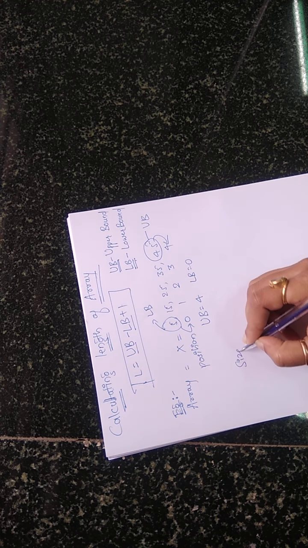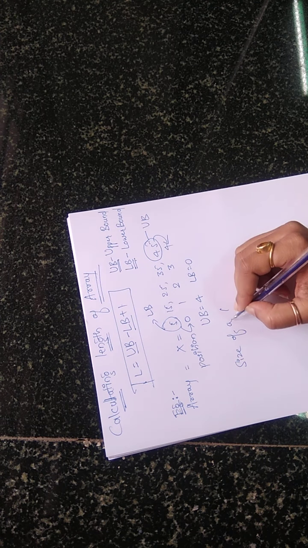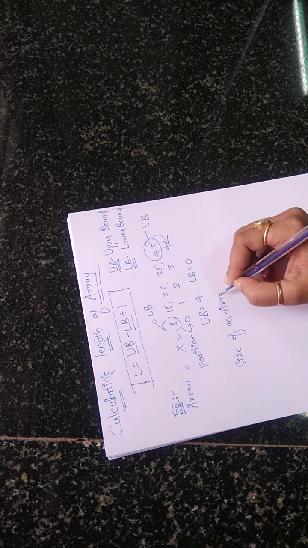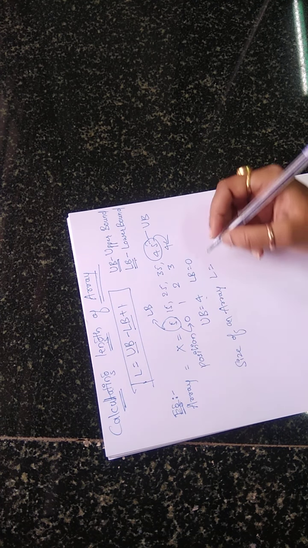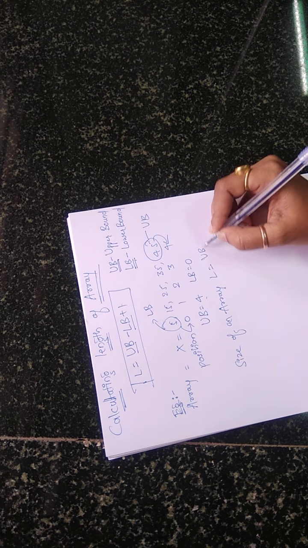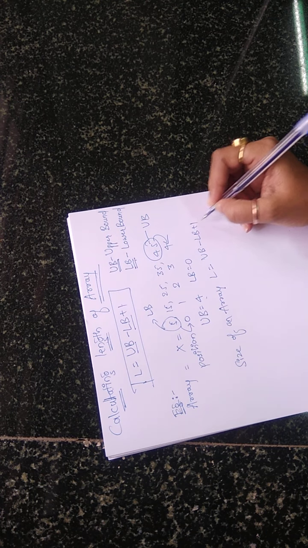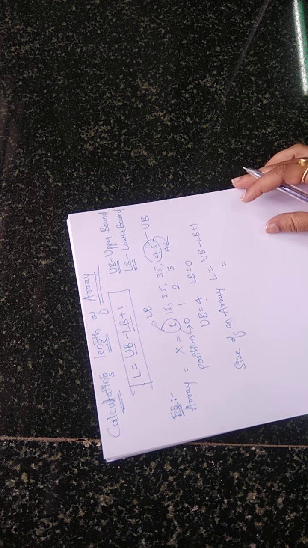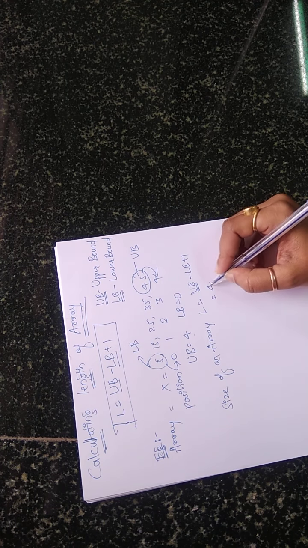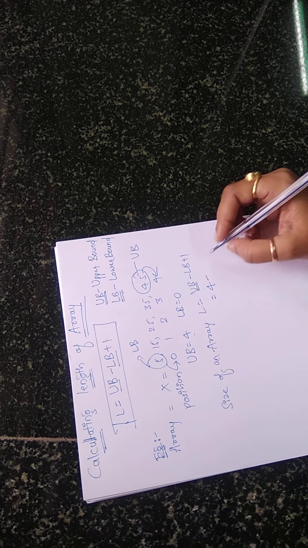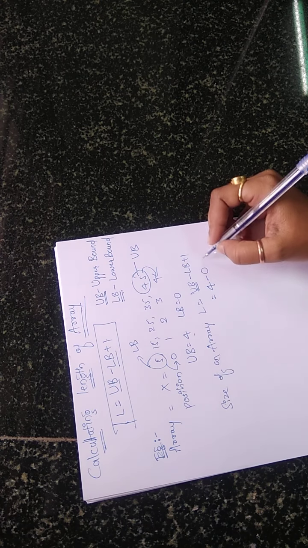So the size or the length of an array, L, equals UB minus LB plus 1. What is the value of UB? UB is 4, minus LB, which is 0, plus 1.